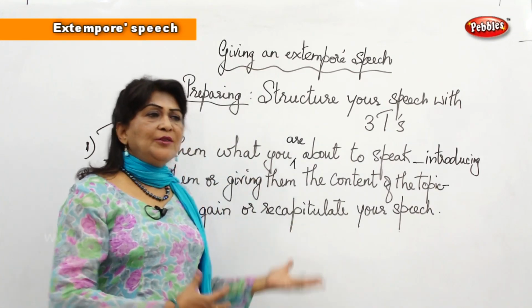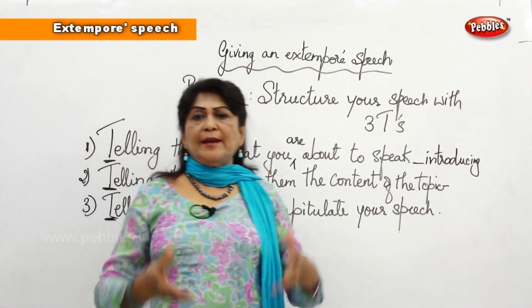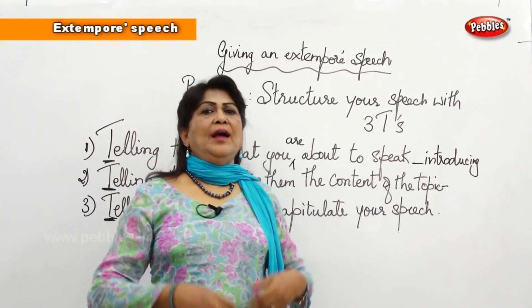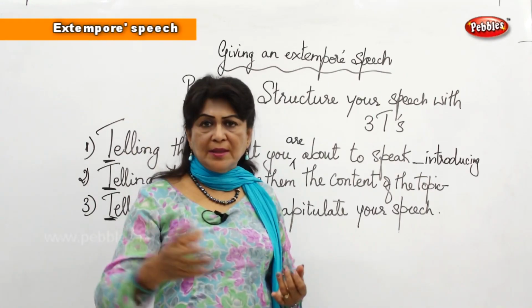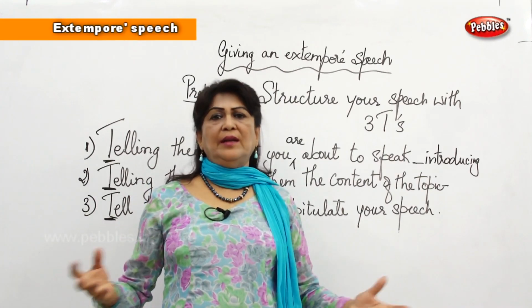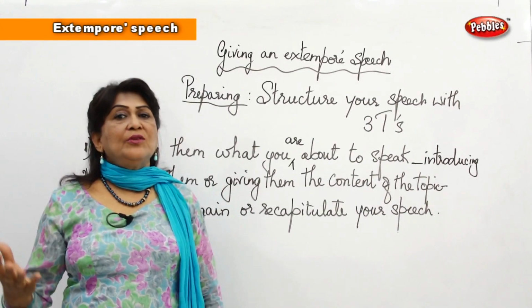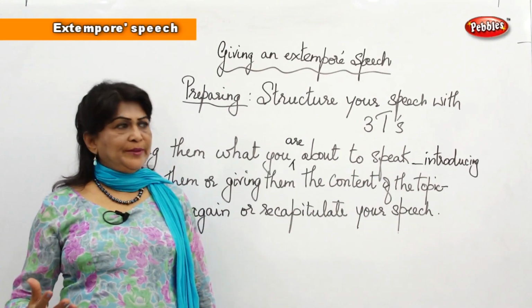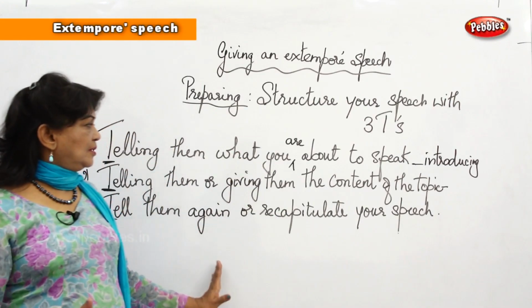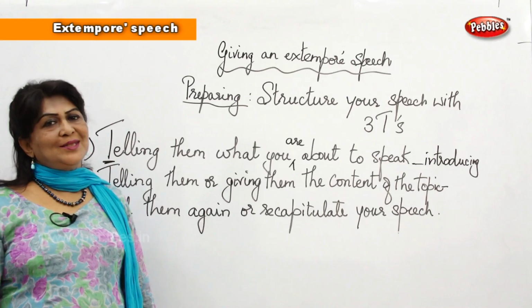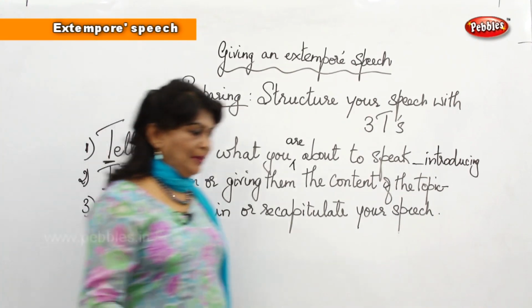So, I would like to reiterate the points that I have spoken so far, and you can say point number 1 is this, point number 2 is this, and all that. So, only then whatever speech you give will get into the minds of people. Okay. So, these 3 T's you should always remember when you are asked to give a speech. I am sure you will remember that.